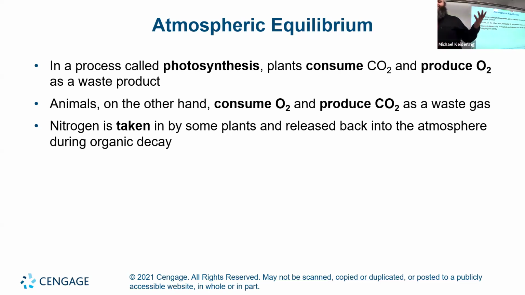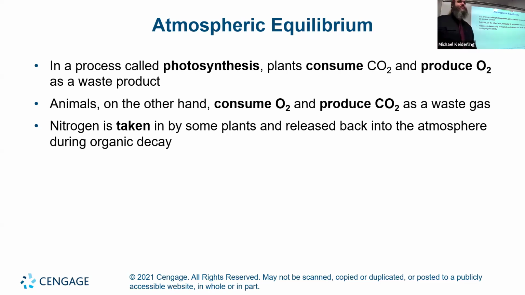So in a process called photosynthesis, plants will consume carbon dioxide and produce oxygen as a waste product. Animals, on the other hand, consume oxygen and produce CO2 as a waste gas. And then nitrogen is taken up by some plants and released back into the atmosphere during organic decay.